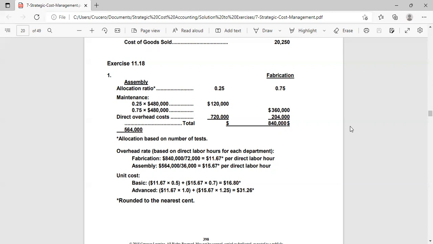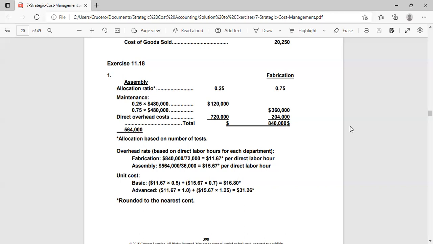So pila ang makadto kay fabrication, kag pila ang makadto kay assembly. So ang 480, ang makadto kay fabrication is 120, kag ang kay assembly is 360. So that means total of 480.